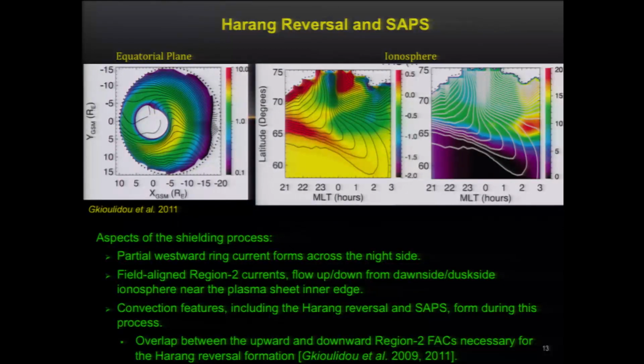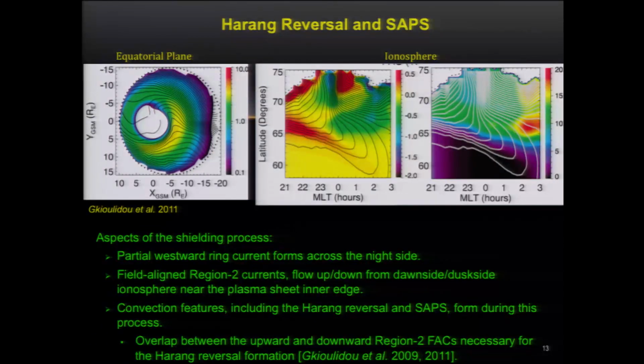In most cases, the partial ring current, the yellow shaded region here, has a peak in the pre-midnight sector. This partial ring current closes itself through a downward Region 2 field-aligned current in the dusk sector and an upward field-aligned current in the dawn or post-midnight sector. Here the red means downward and the greenish means upward.